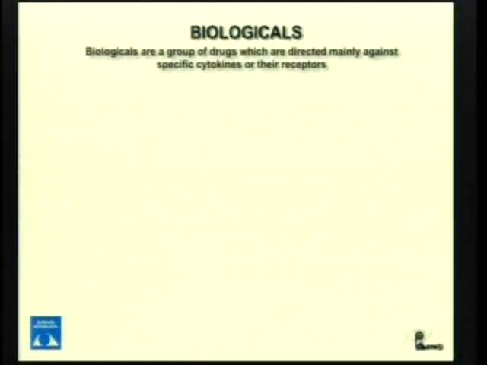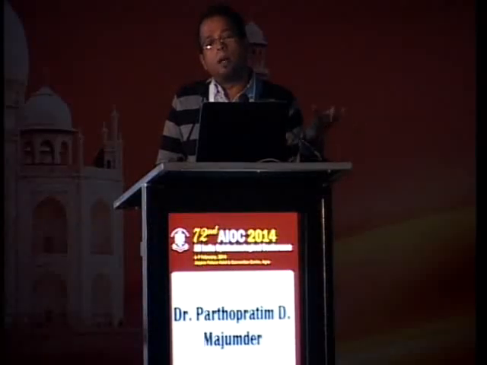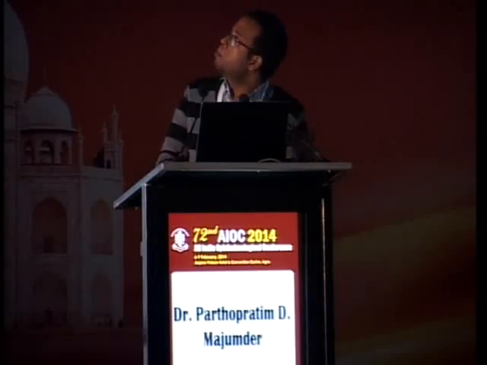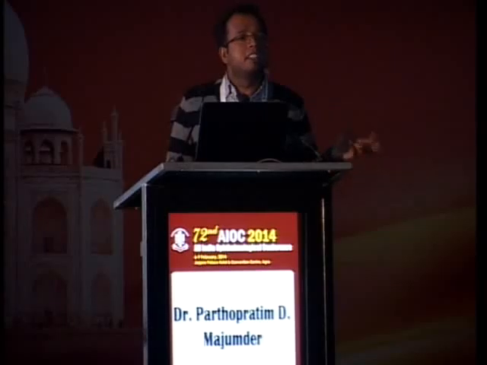So next are the biologicals. A lot of questions come up; in the fourth paper of the MS ophthalmology exam, one of the questions will be from biologicals. It's a very upcoming drug to treat intraocular inflammation. So what are those biologicals? Biologicals are a group of drugs directed mainly against a specific cytokine.